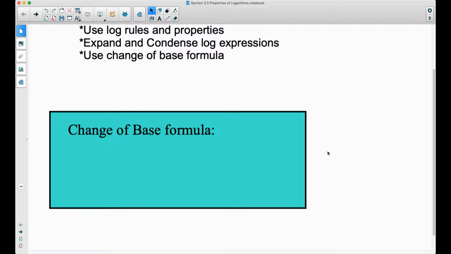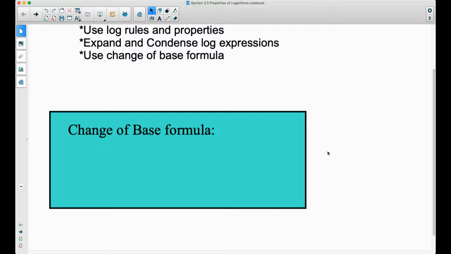So change of base formula is something you will see in your book that we do not use anymore, but I'm going to show you what it is. We don't use it anymore because our calculators have that log base button. Before, calculators did not have that log base button underneath math.